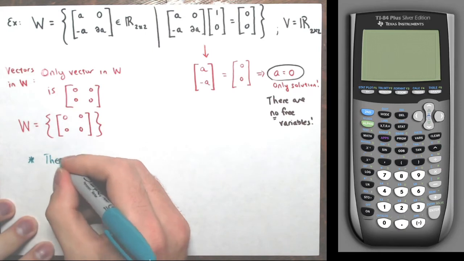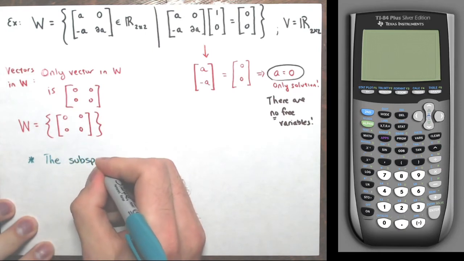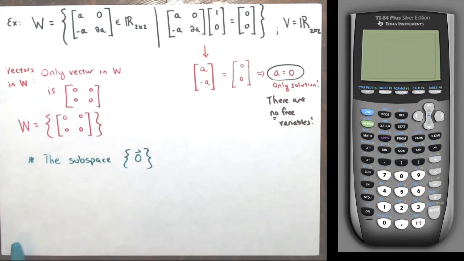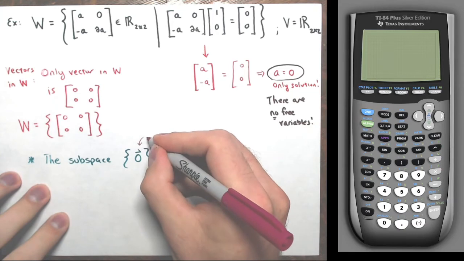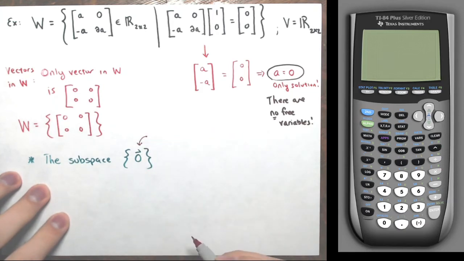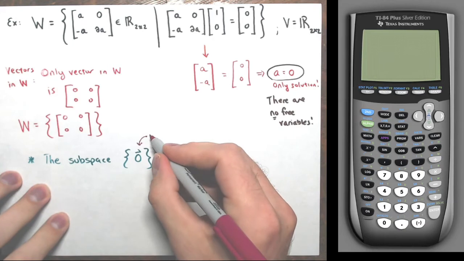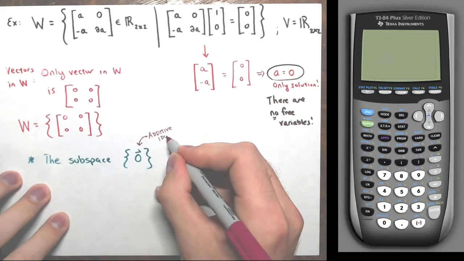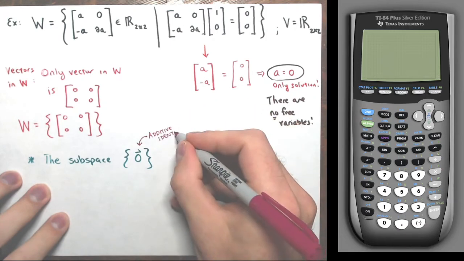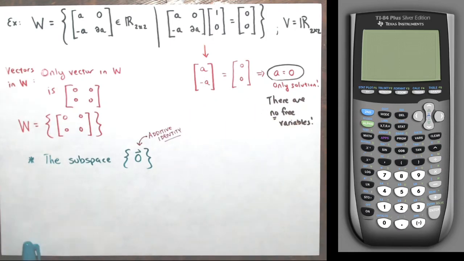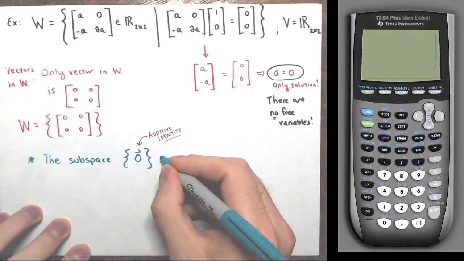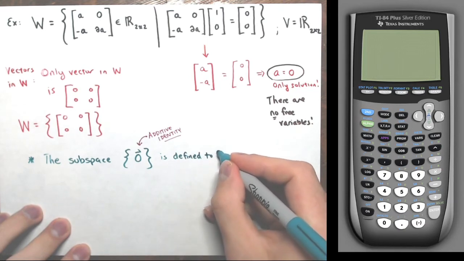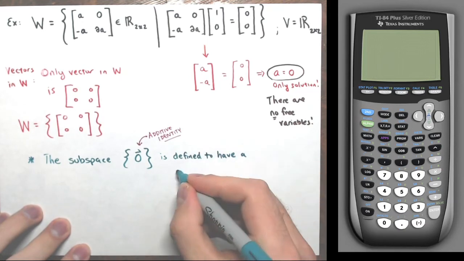The subspace, the set with just the 0 vector in it, or just the additive identity, because remember, this might not always be all zeros. It depends on how vector addition and scalar multiplication are defined. But the set with just the additive identity in it, that subspace is defined to have dimension 0.